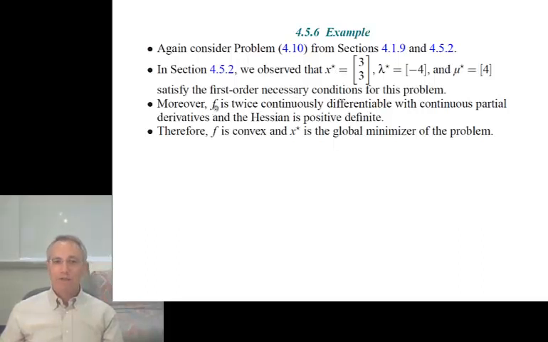Since f is twice continuously differentiable with continuous partial derivatives, its Hessian is constant and positive definite. Therefore, a point x star, lambda star, and mu star that satisfies the first order necessary conditions will also be sufficient for global optimality.